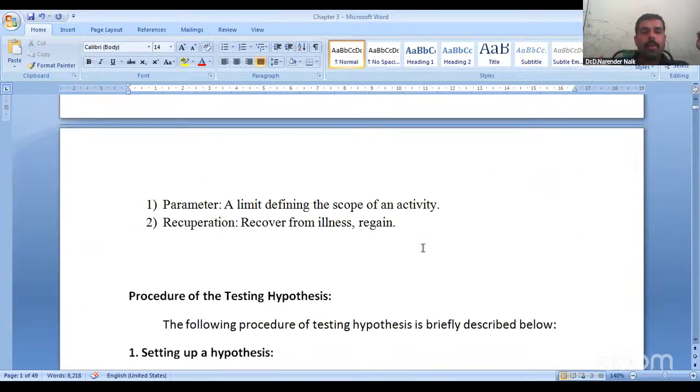Okay, so parameter: a limit defining the scope of an activity. The recuperation is recovering from illness or regaining.